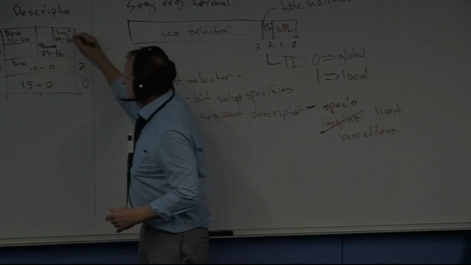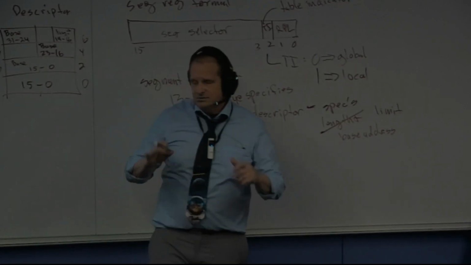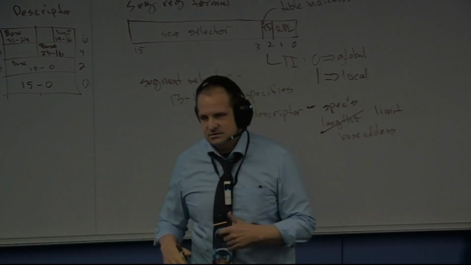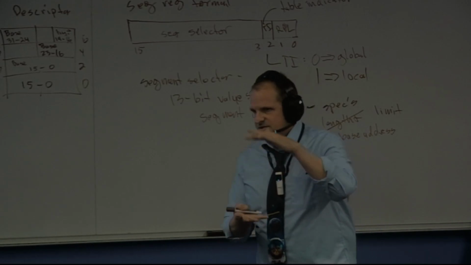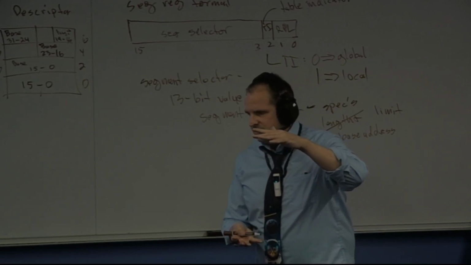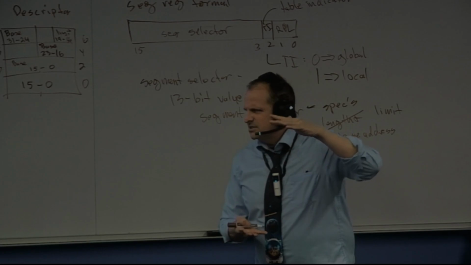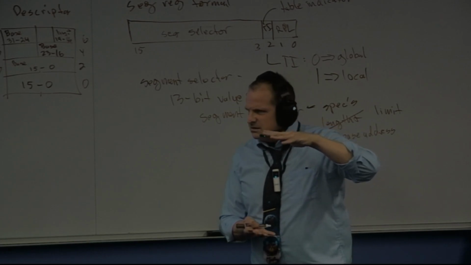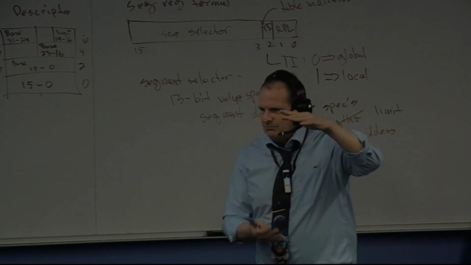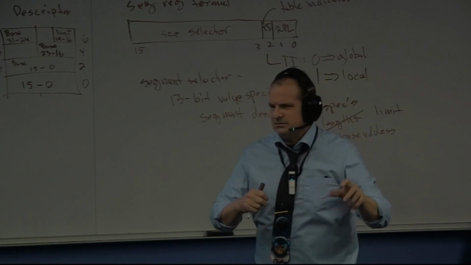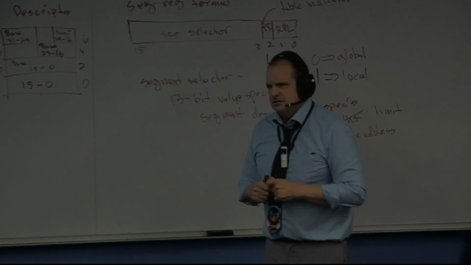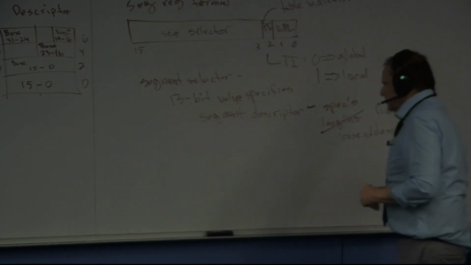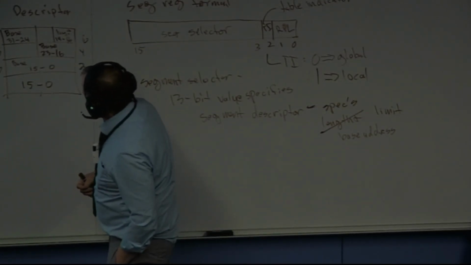The limit field can be smaller, so we can have more segments and operate more efficiently. Large segments don't lend themselves well to efficiency, because you can't pack as many in, and you would probably have some empty spots in memory. So that's why we have segmentation.